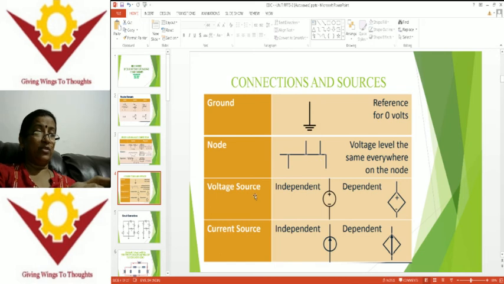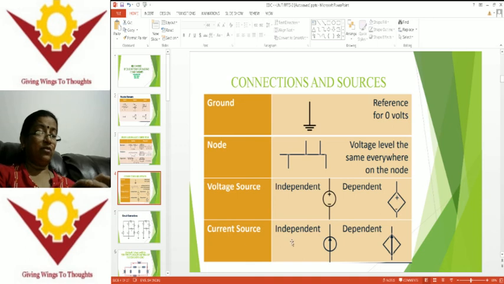Then voltage sources: there are two different types of voltage sources and two different types of current sources, independent and dependent. Independent voltage source we represent with this particular symbol, a circle consisting of plus and minus. Dependent voltage source has a diamond shape with plus and minus inside.